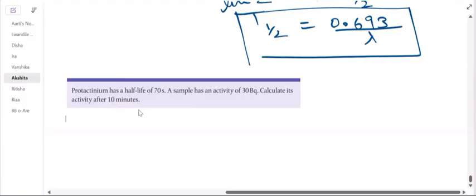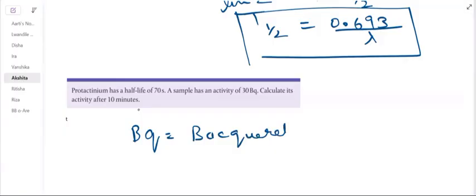Calculate its activity after 10 minutes. So what is Bq? Bq is becquerel, and it is the SI unit of activity.